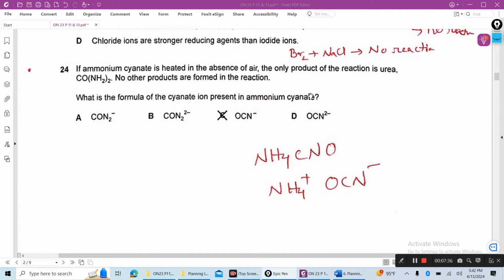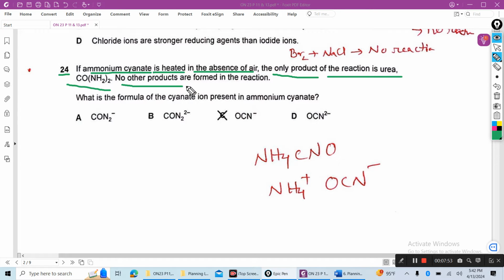24. If ammonium cyanate is heated in the absence of air, the only product of the reaction is urea. No other products are formed in this reaction.